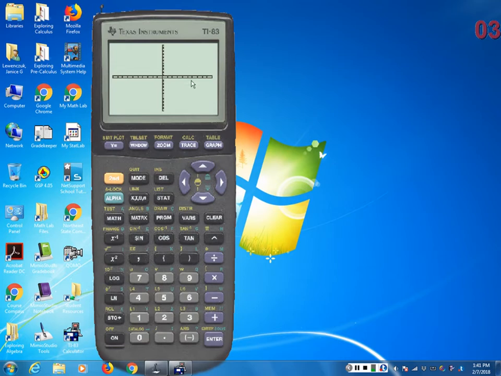The answer is minus infinity to 14, so we're only showing up to 10. So all of this is in the domain. Now we have to change our window to make x go up to 20, and then let's see what happens. And it stops at 14.